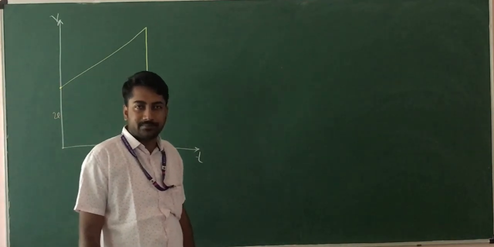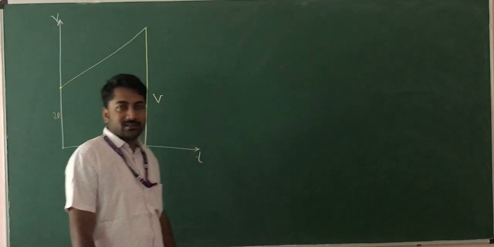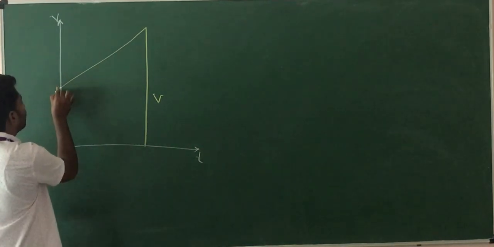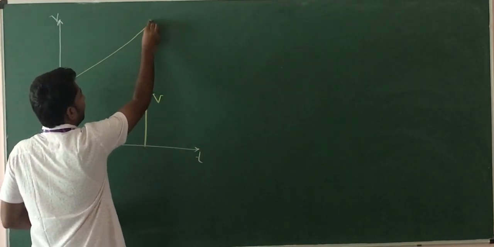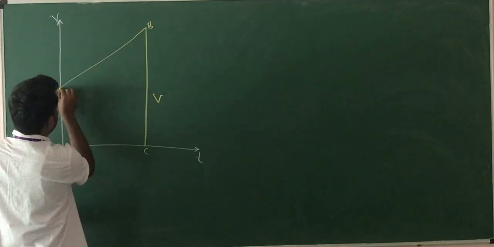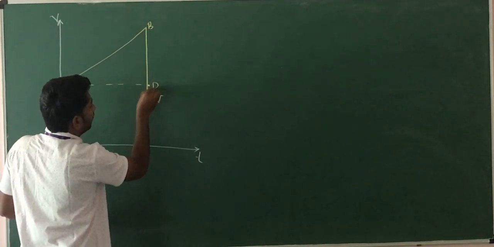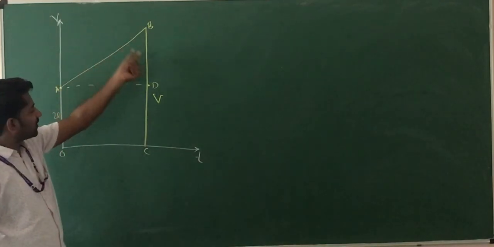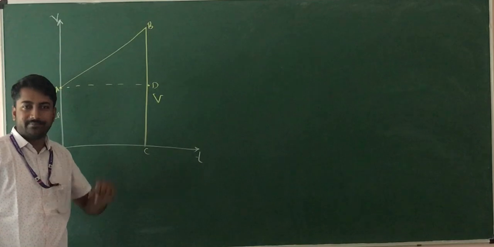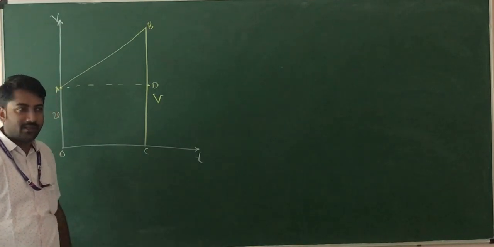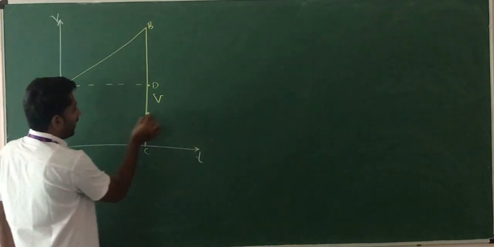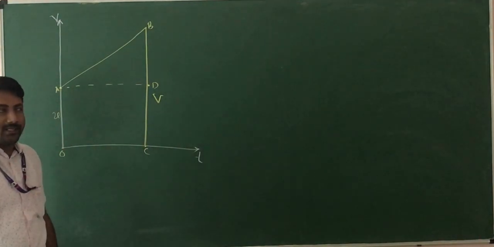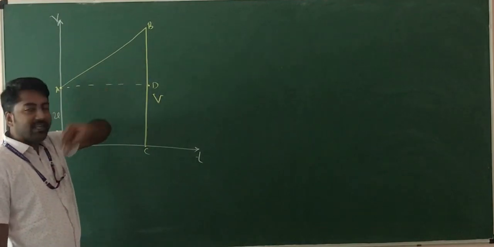The body covers its distance from the point O to A, A to B, B to C and C to D. This is the area of a trapezoid. The body covers this distance in a certain time t. It has the initial velocity u and it reaches this point with the final velocity v, moving with uniform acceleration.